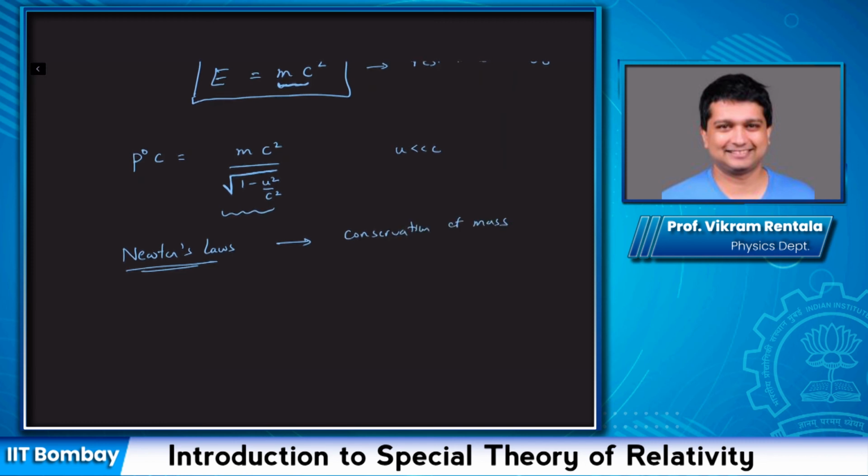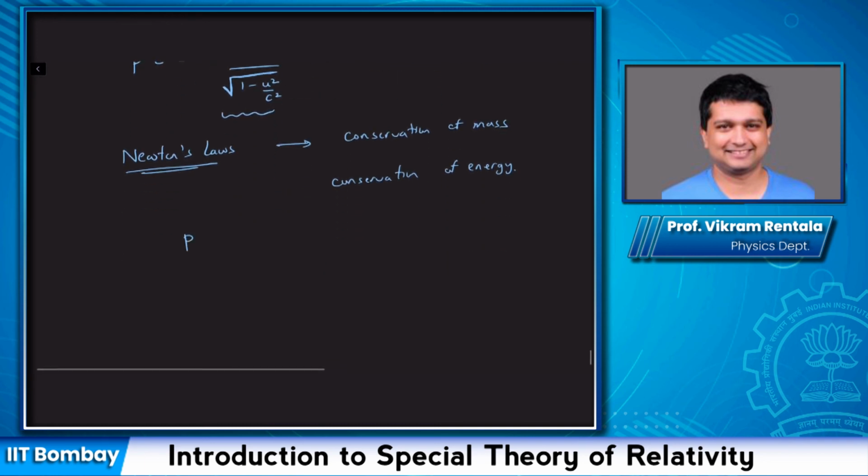This was just an assumed thing, and in the absence of external forces or an external potential, we also had conservation of energy. Now we find in special relativity, the only thing that's conserved is this quantity, p0 times c, in the absence of external forces. And this quantity is what we call energy or mass energy. It's a combination of mass energy and kinetic energy.